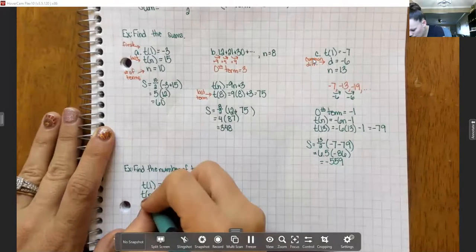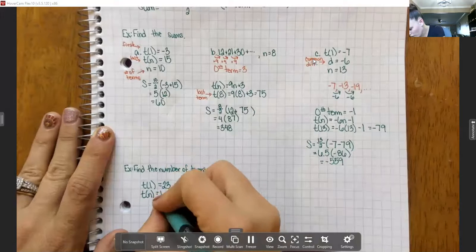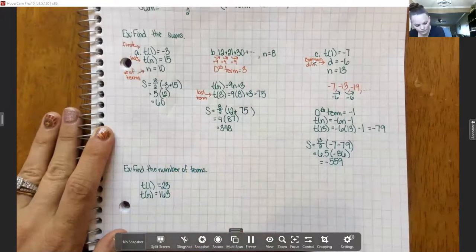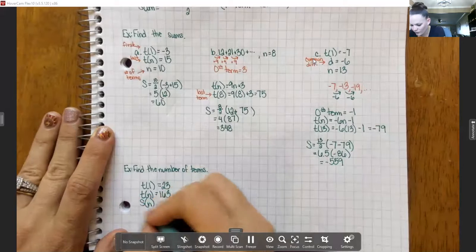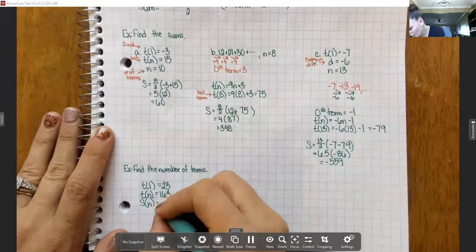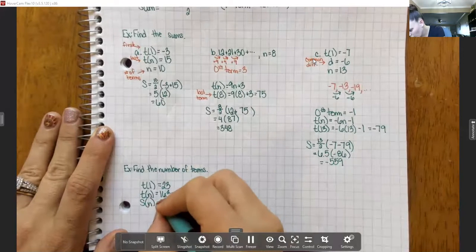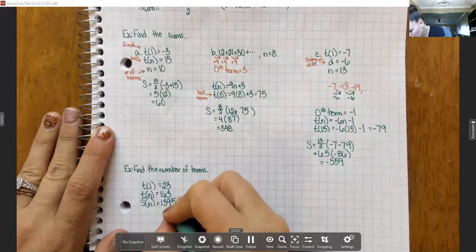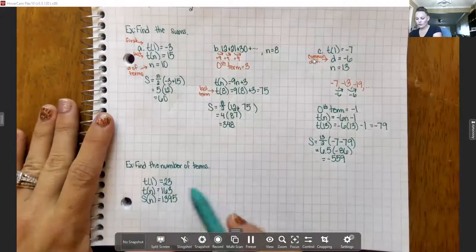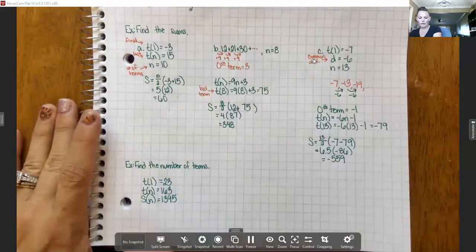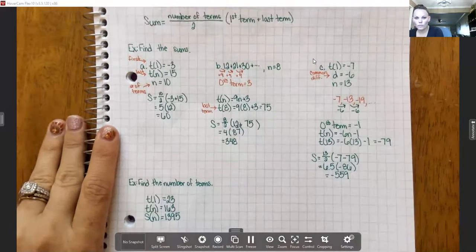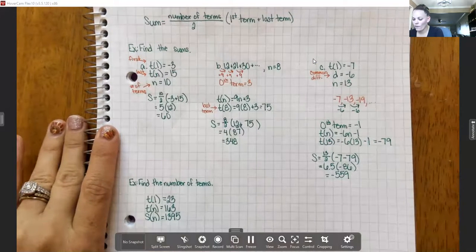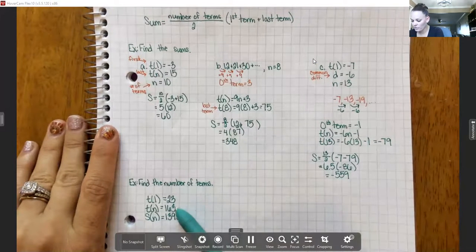T of n is 163, and S of n, so the sum of the first n terms, is 1,395. So we know the first term, we know the last term, and we know the sum.